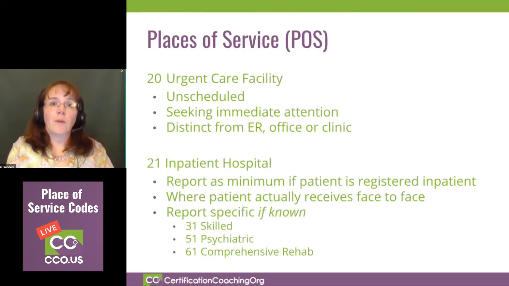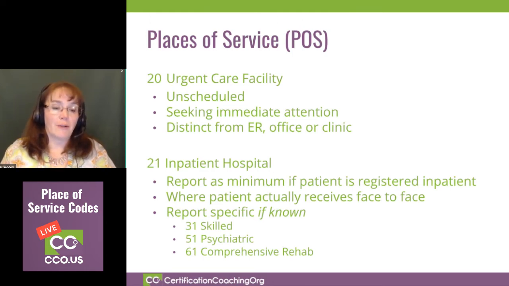So we will go over to the hospital. They are inpatient, but we need to submit our services to Medicare Part B, because we don't fall under the hospital's Part A. We are a separate physician providing our services. So we're going to report a 21 unless we know that patient has another type of service.